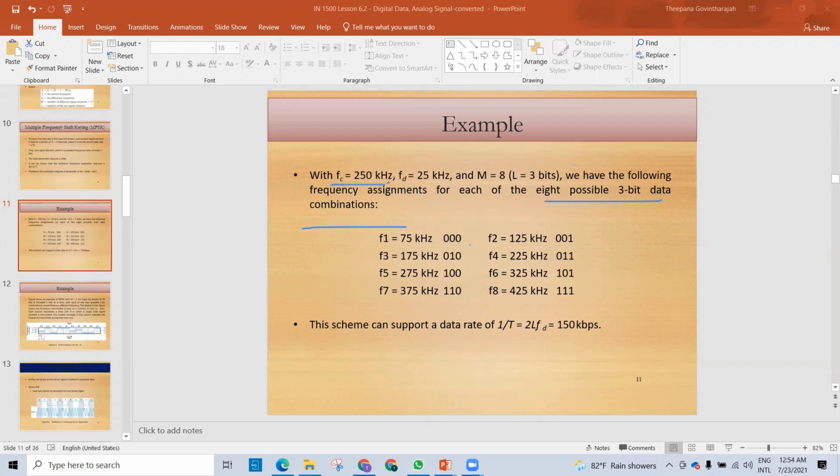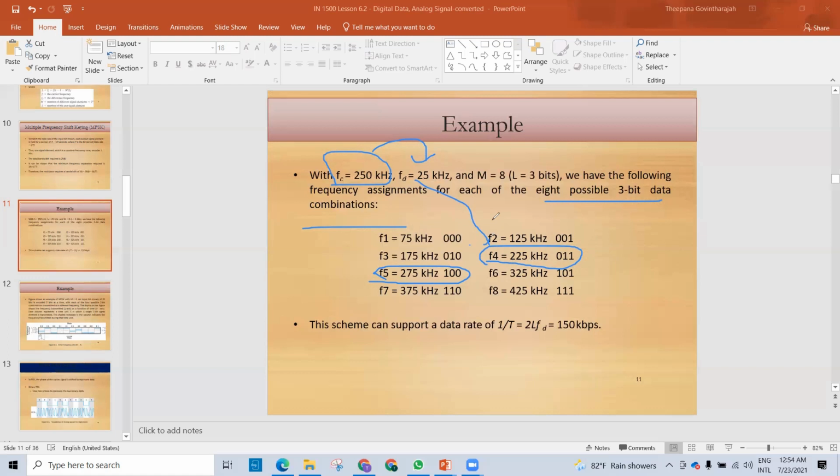Here we have taken FC as 250 Hertz. So one should be 275. Another one should be 225, because here FD is given as 25 Hertz.